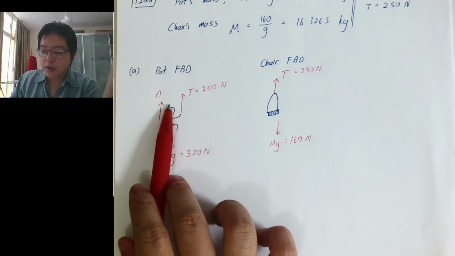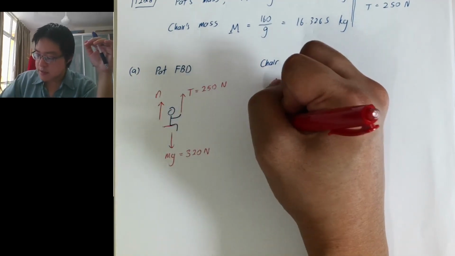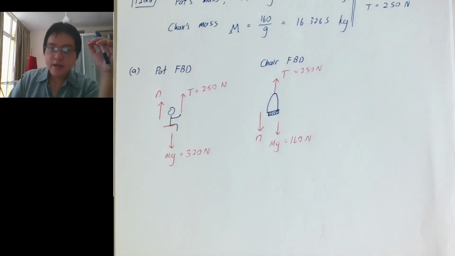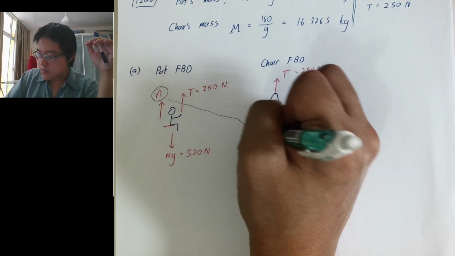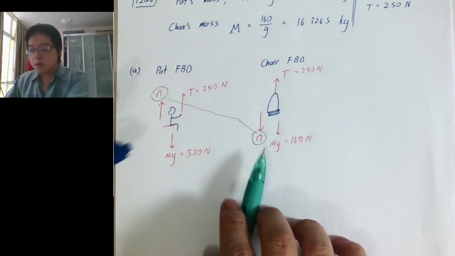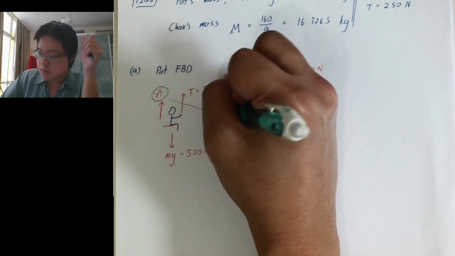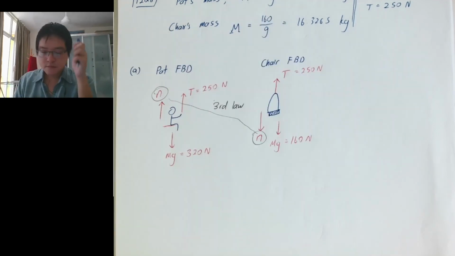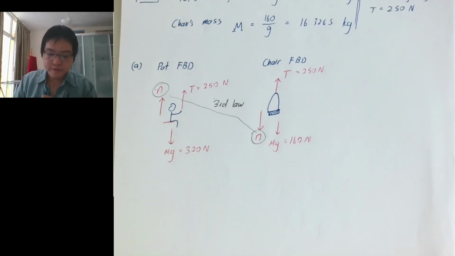And then the boy is sitting on the chair, so the boy is exerting a downward normal force acting onto the chair. This is because of Newton's third law: equal magnitude N, but opposite in direction. Anyway, we don't know what N is yet, but these are the free body diagrams.